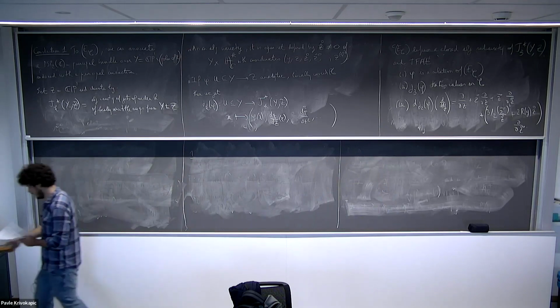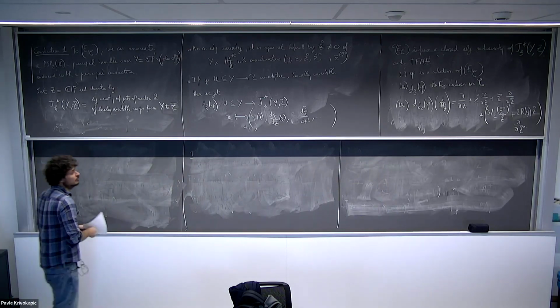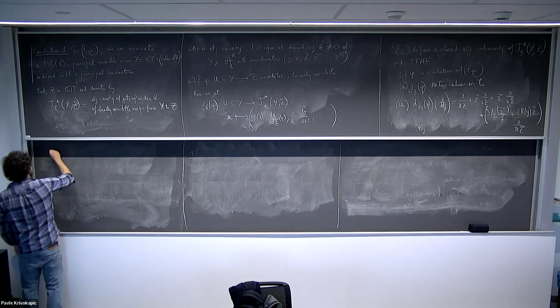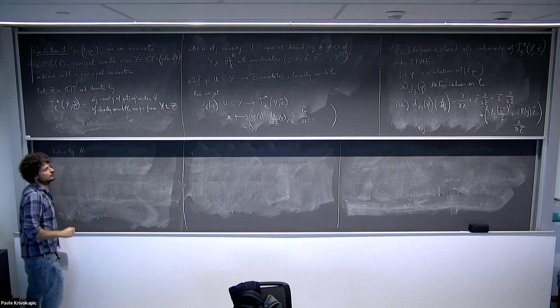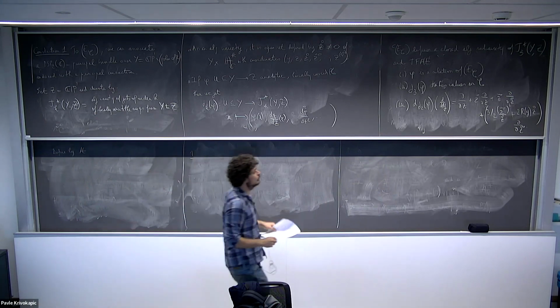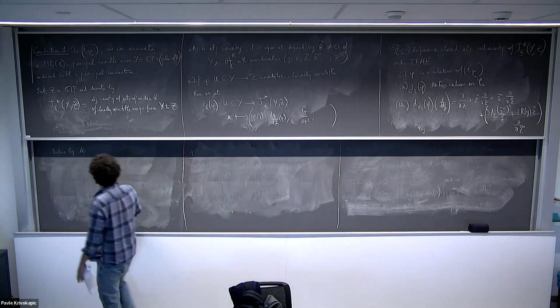Okay, so we have defined by H, the foliation generated by the vector field in (3).